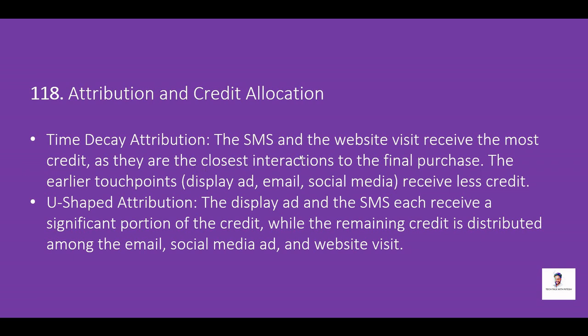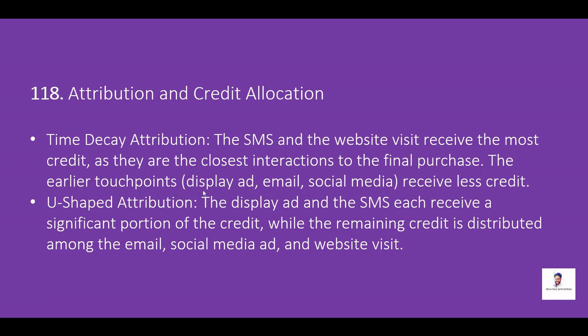Time decay attribution. The SMS and the website visit receive the most credit, as they are the closest interactions to the final purchase. The last one was the SMS, but before that SMS, the user also visited the website and added the item to the cart. So they both receive the credit.